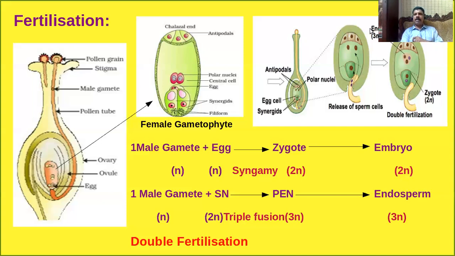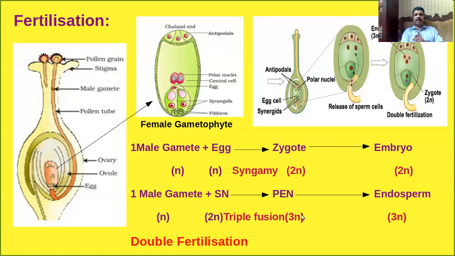This is the endosperm. The second fusion, where the one more male gamete fuses with the secondary nucleus to form the primary endosperm nucleus and later develops into endosperm, we can collectively call the triple fusion.